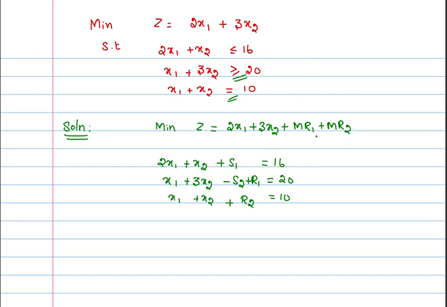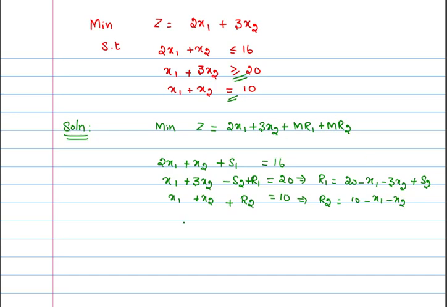Now the r1 and r2 values we get from equations 2 and 3. r1 equals 20 minus x1 minus 3 times x2 plus s2, and r2 equals 10 minus x1 minus x2.